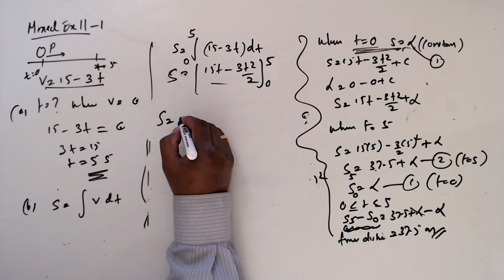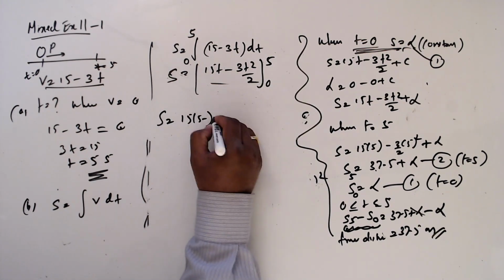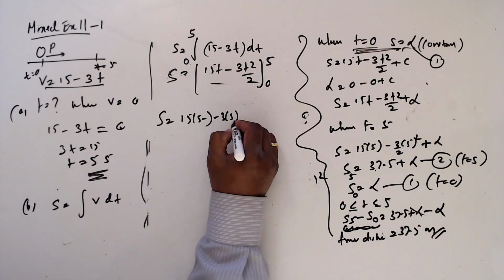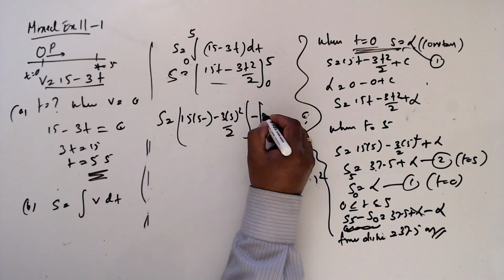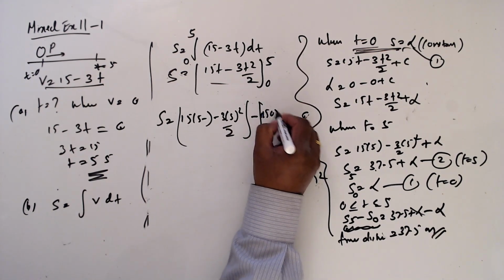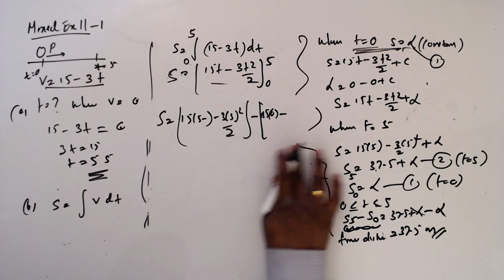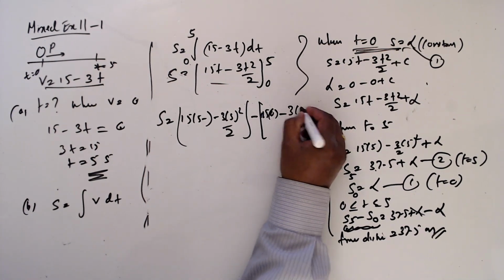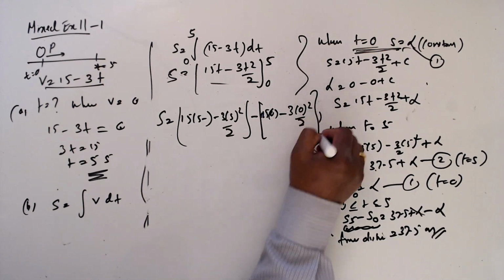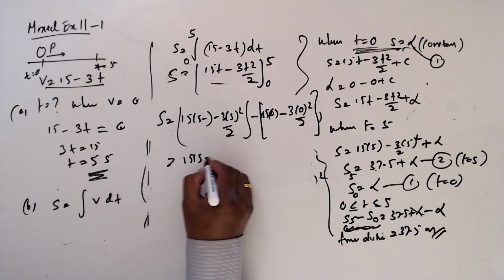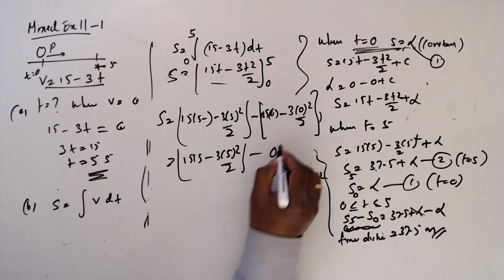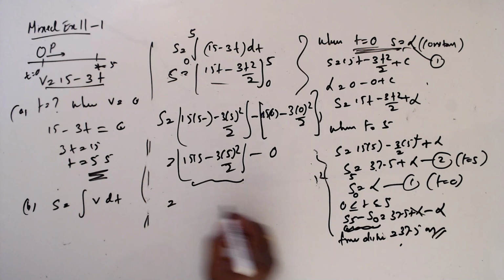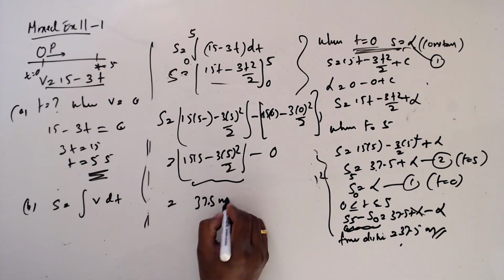So s equal 15 times 5 minus 3 times 5 square over 2, minus 15 times 0 minus 3 times 0 square over 2. So this is 15 times 5 minus 3 times 5 square over 2 minus 0, which is the answer, 37.5 meter. Question number 2.